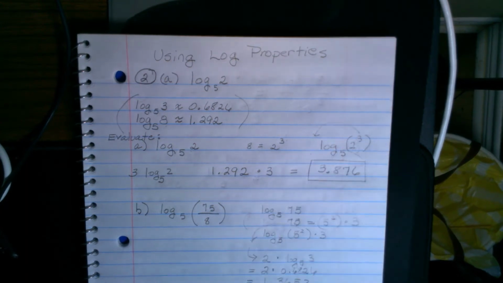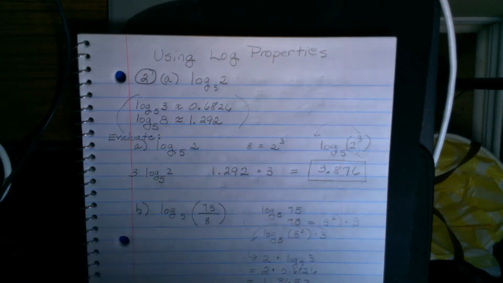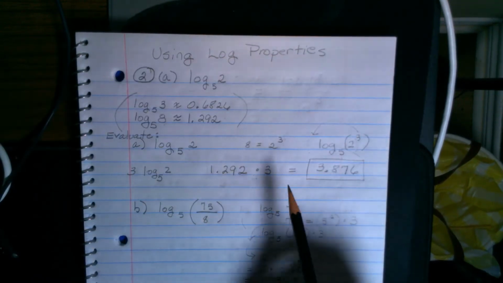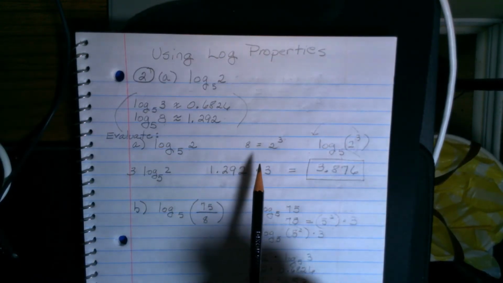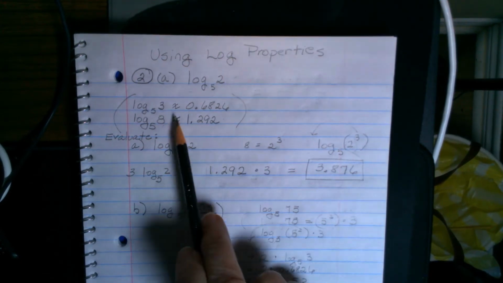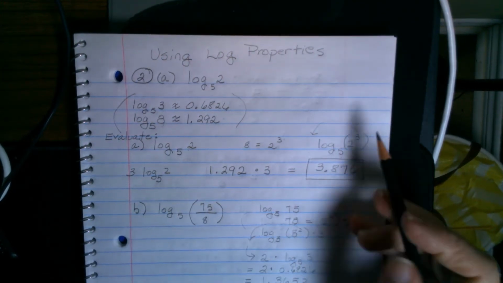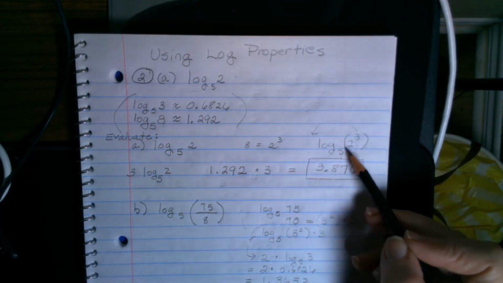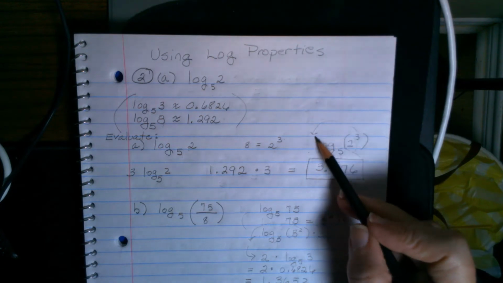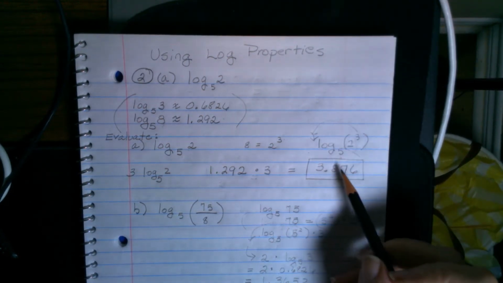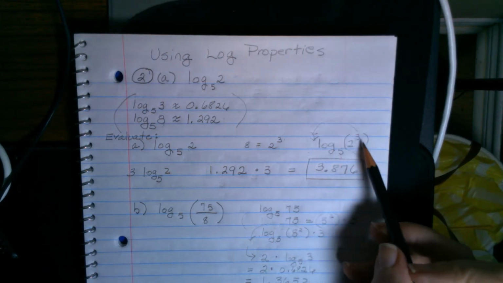Okay, let me look at the problem again because I get lost with this one. We want log base 5.2. If I can write 8 as 2 to the third power, right here, log base 5.8, I can write that as log base 5.2 to the third. Bring that 3 out to the front. And I think I can see where I already messed up on this one.